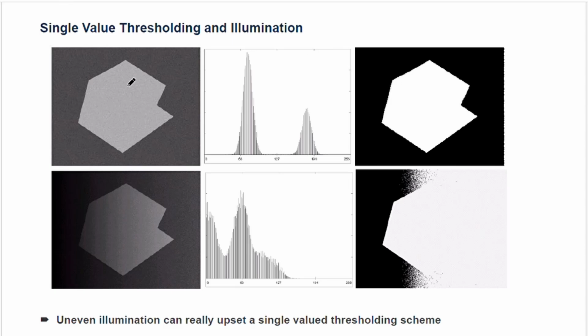But for the same image, if the illumination is not uniform, see here the illumination is good, but here the illumination is somewhat less. So for this image, this is the histogram. Suppose if you choose the threshold value like this, then what will happen?